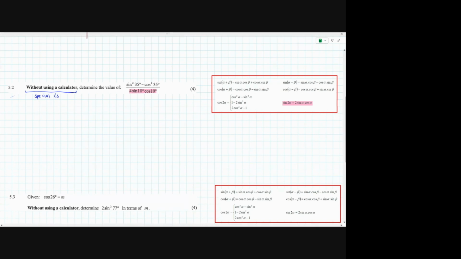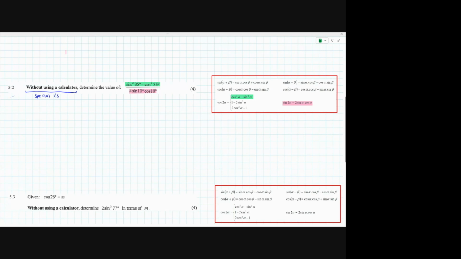The next thing that we should notice is, although not identical, we can make it identical. This sine squared 35 minus cos squared 35 matches up with one of my cos double angle identities. The terms are swapped, which is a problem when we subtract, but we can fix that easily. Now the reason why I'm starting to think about this sort of stuff is, if I've got that cos double angle in the numerator, when I eventually simplify it down to the double angle, double 35 is 70.